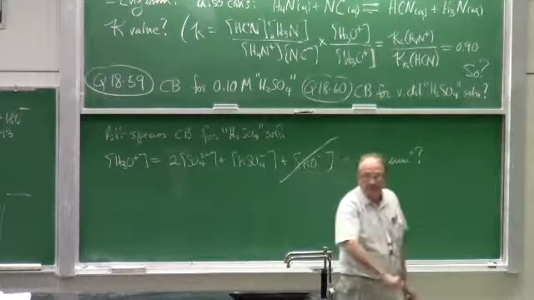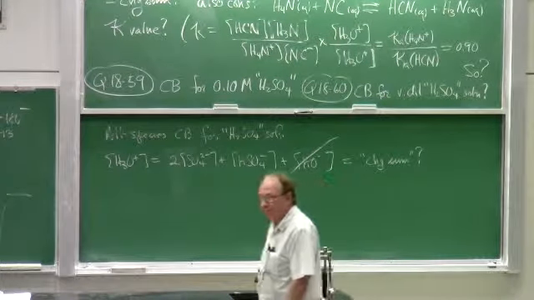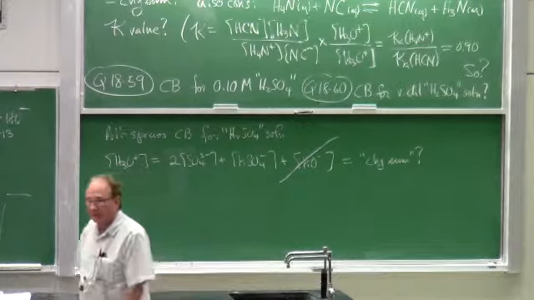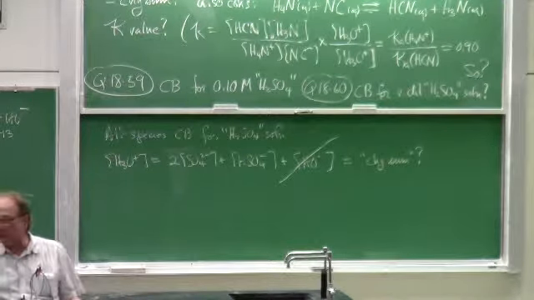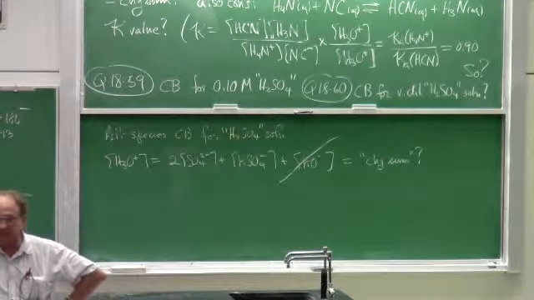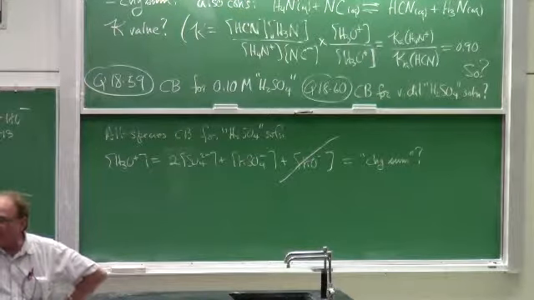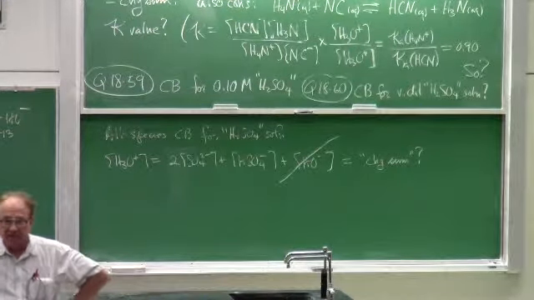For sulfuric acid solution, unless it's exceptionally dilute, the hydroxide ion concentration, whatever it is, has got to be a good deal smaller than 1 times 10 to minus 7. Whereas the hydronium ion concentration is a good deal larger than 1 times 10 to minus 7.